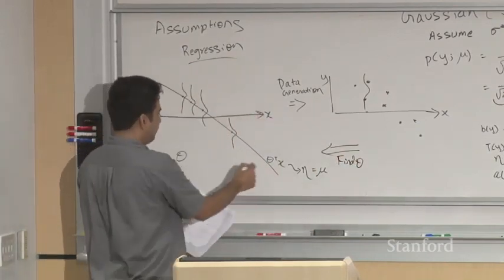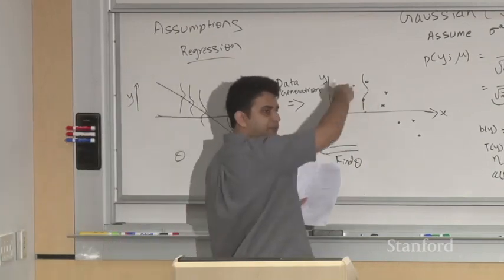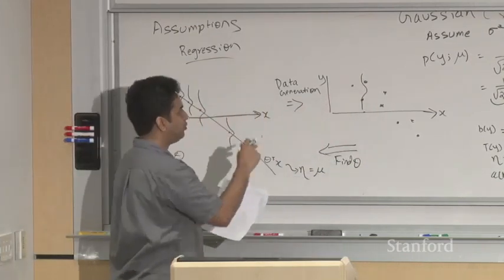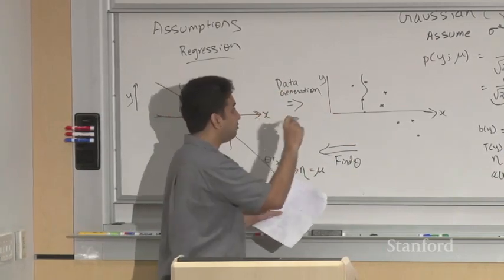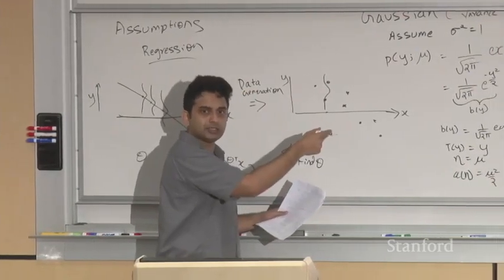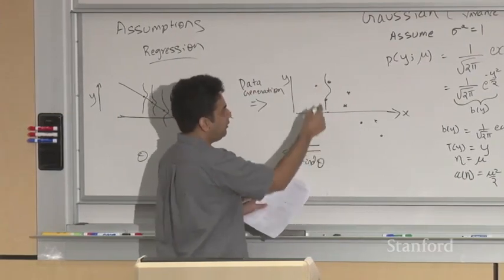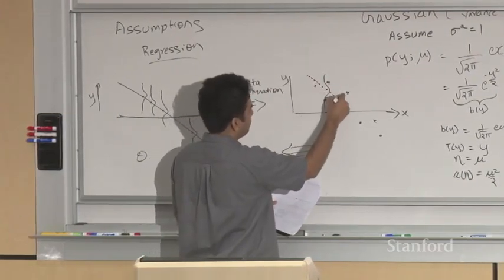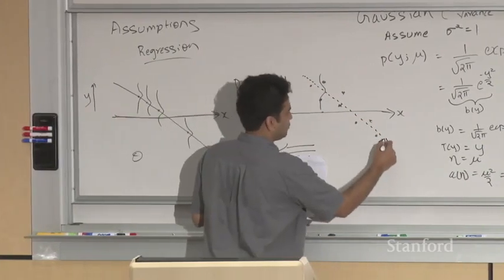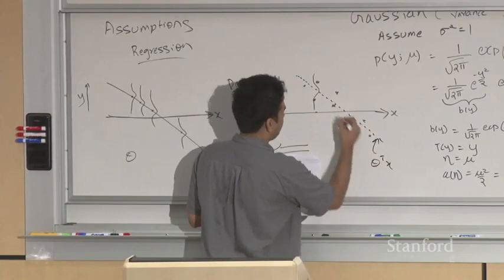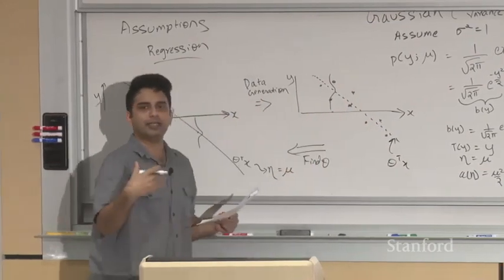For a different choice of theta, we get a different line. We assume that line represents the mu's, or the means of the y's for that particular x from which it's sampled, and we are trying to find a line, which will be like your theta transpose x, from which these y's are most likely to have been sampled.